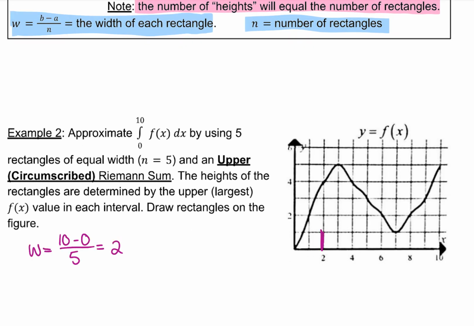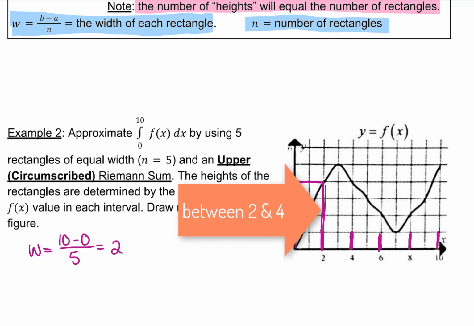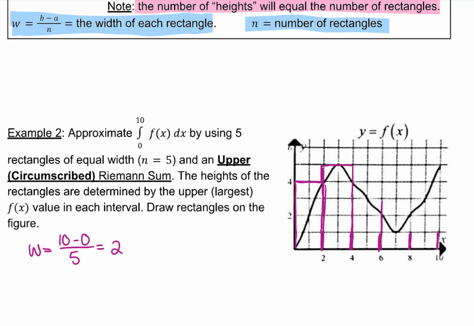Each of our rectangles should have a width of 2, but their heights are determined by the largest f of x value. So the largest f of x value between 0 and 2 is f of 2. That will be the height of this first rectangle. The highest f of x value between 2 and 3 is f of 3. The largest y value for this one is on the left side, the left corner of this rectangle.